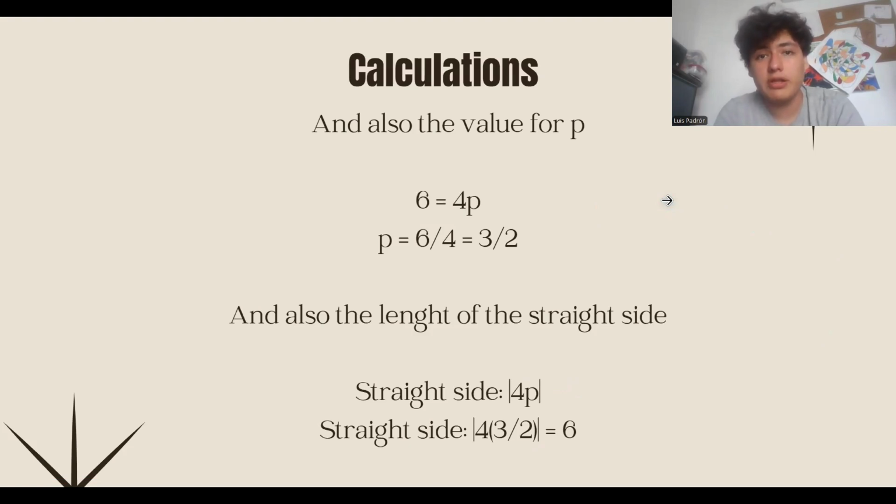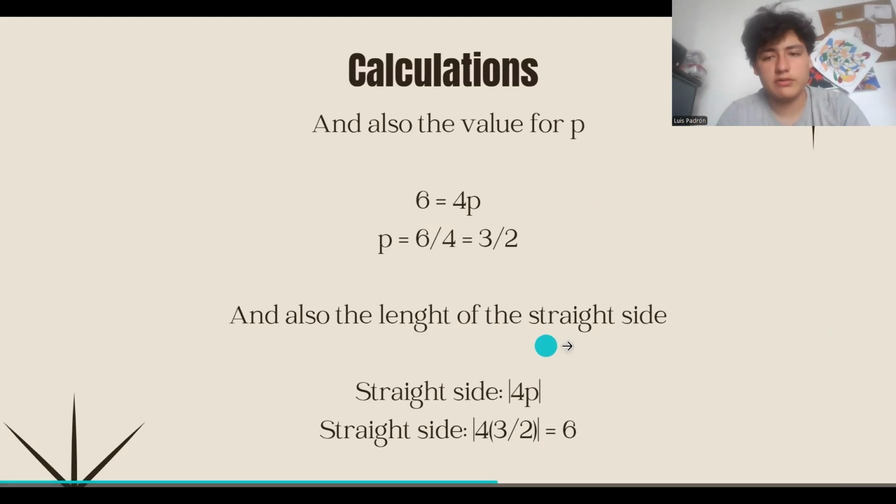But we need the value of p to find the focus point. So we need to obtain it. So 6 over 4 is equal to 3 halves. And also we have to confirm that the straight side is equal to 6.